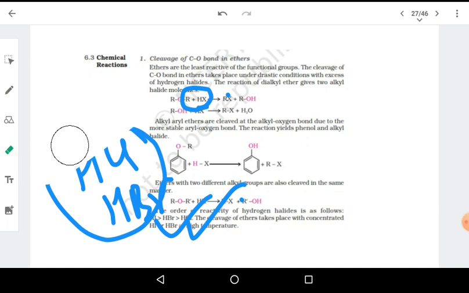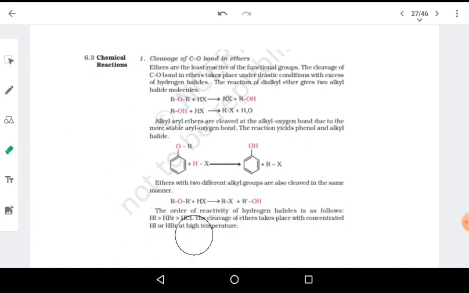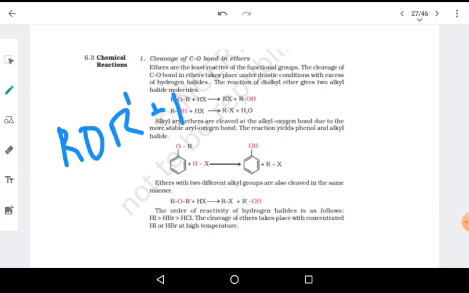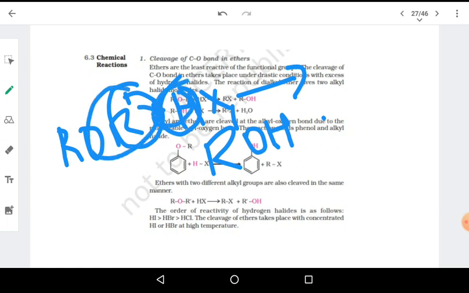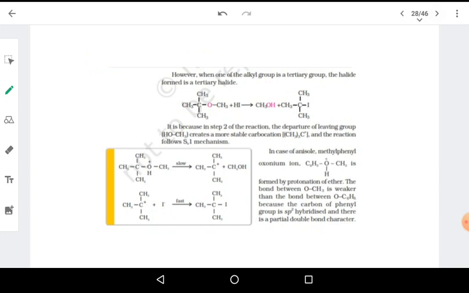So what happens when we are treating an ether with HX? When we are treating an ether, that is ROR' plus HX, what are we getting over here? We will be getting R'OH plus RX over here. Now the most important thing is that they will give one group as tertiary.